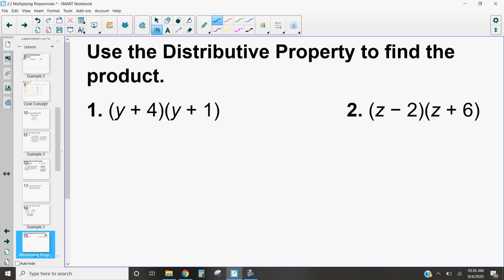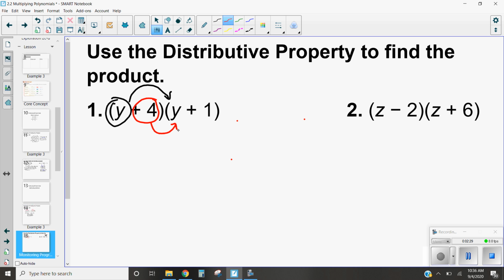Now, the distributive property, we want to use that. And in this case, we went through one example. I want you to try this next one on your own. So take a second, pause the video, try to work it out. Remember, we're going to take this first term and multiply it times that polynomial. And then we're going to take our second term and multiply it times that polynomial. And once we have both those terms split up, we're going to distribute it, add up those terms that we get, combine the like terms, and simplify.